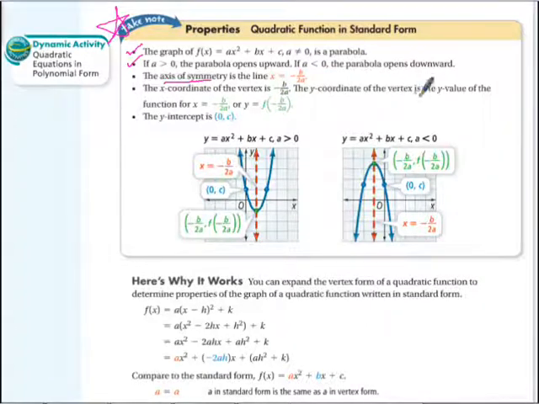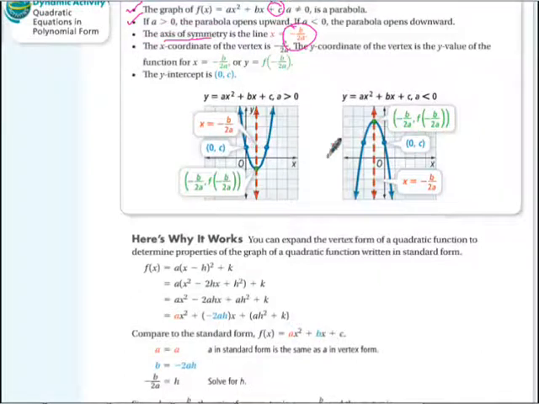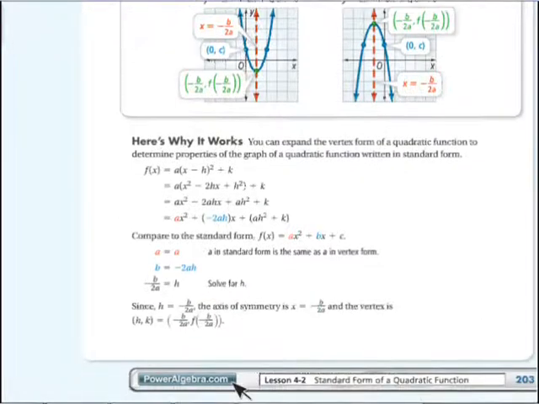To find the y-coordinate of the vertex, and this looks complicated, once we have the x value, we plug that in and solve. So y equals f of -b over 2a. We plug this value in for x, solve for y, and that's how we get the y value. And then the y-intercept is very simply the c term. Here is that same information as a picture. So here's why it works.